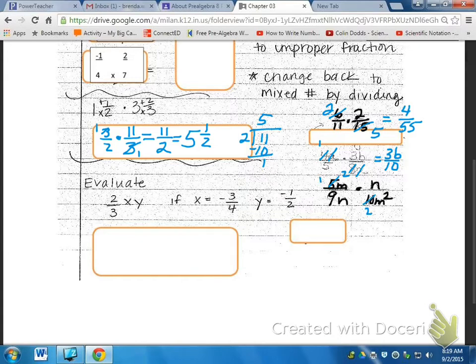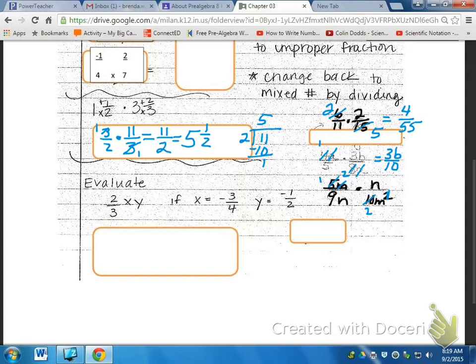But look at the m's. There's one m on top, but there's 2 m's on the bottom. So I can only cancel out 1. So the one on top is gone completely, and the one on the bottom, the m squared isn't there. It's really just m to the first.